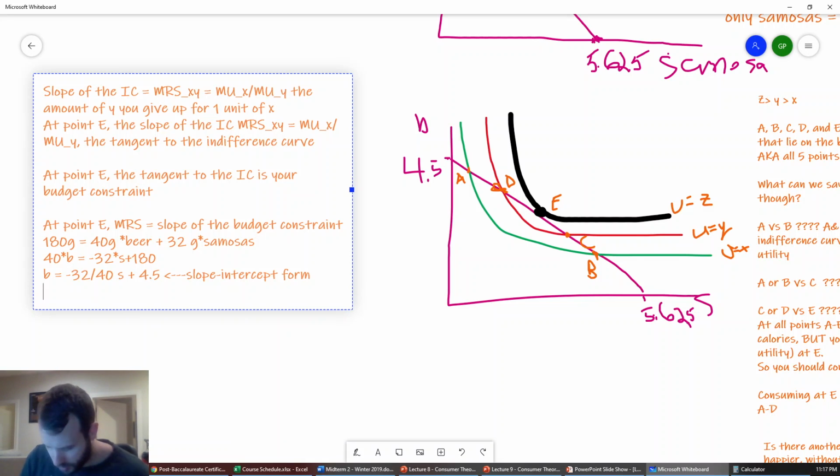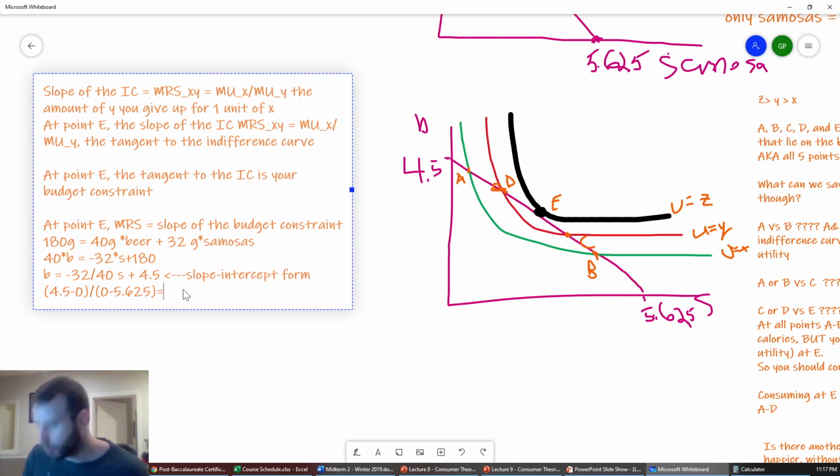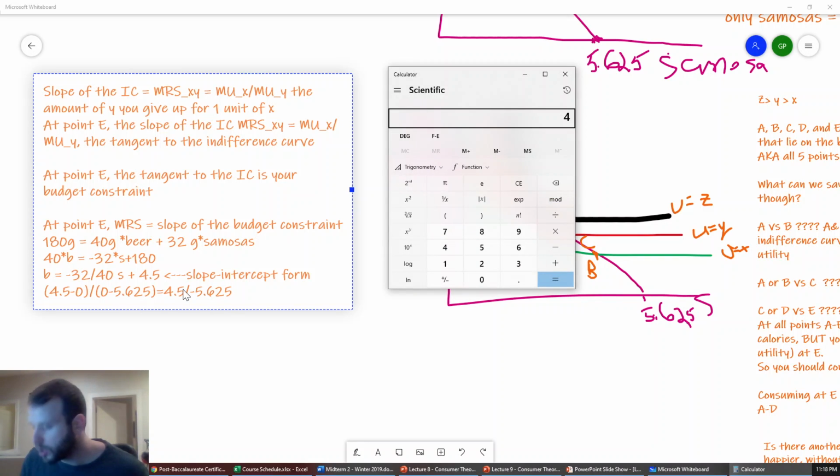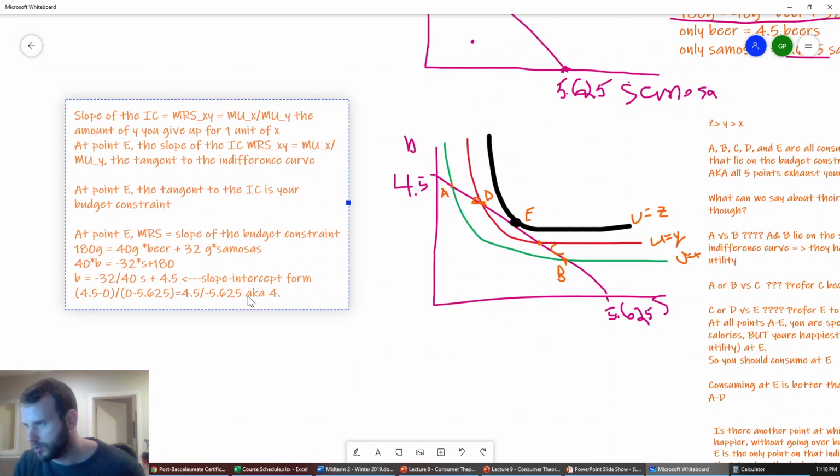If we wanted to do the math on that, we have rise of 4.5 minus 0 divided by run of 0 minus 5.625. So 4.5 divided by negative 5.625 should be 0.8, aka 4/5. So we know we're right.